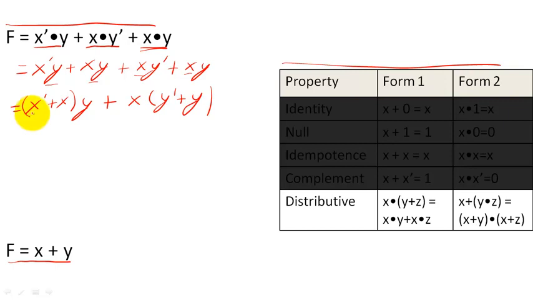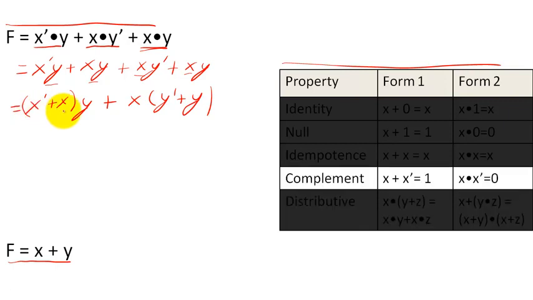Now, since I have this x prime or x, that's going to be my complementarity property, and I can see that x or x prime is equal to 1, so I have 1 ANDed with y, or x ANDed with 1.